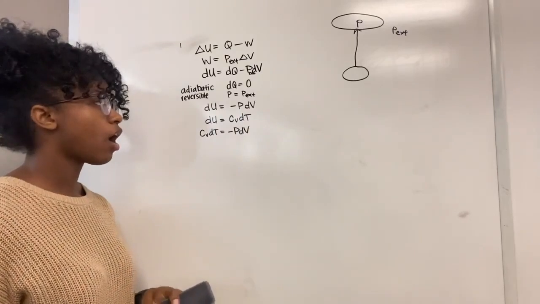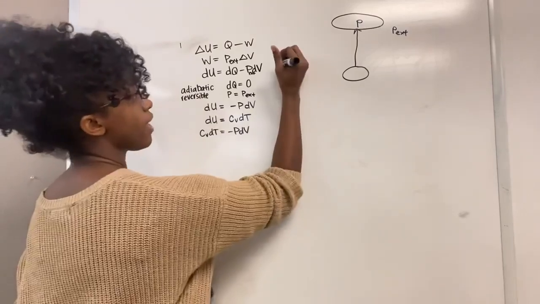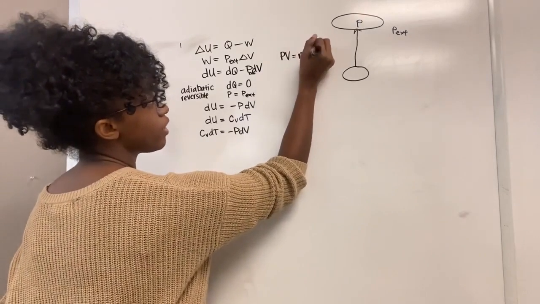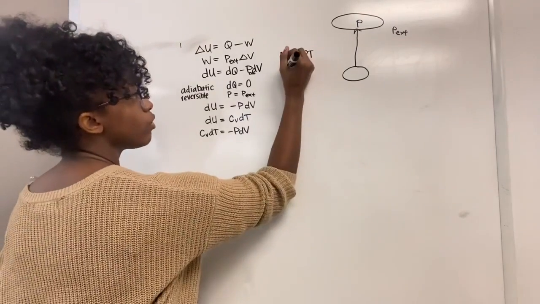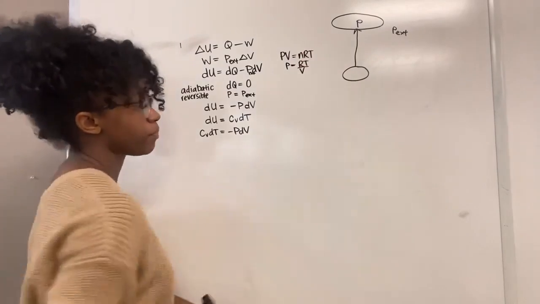But we also know, per the ideal gas law, that PV is equal to nRT, and if we rearrange it for pressure, we'll be left with P is equal to RT divided by V.